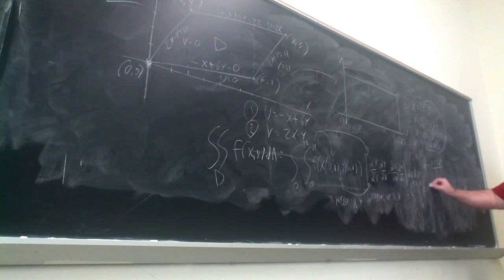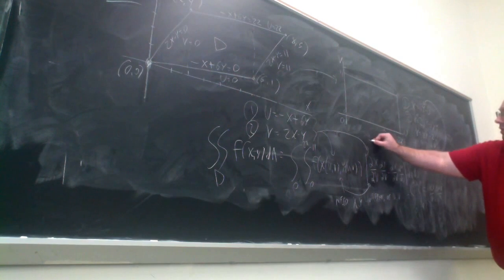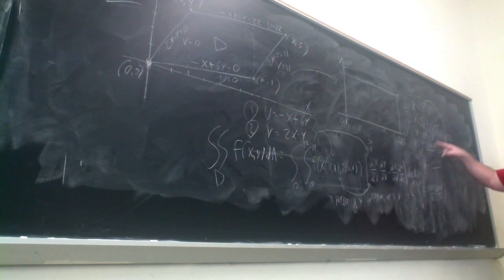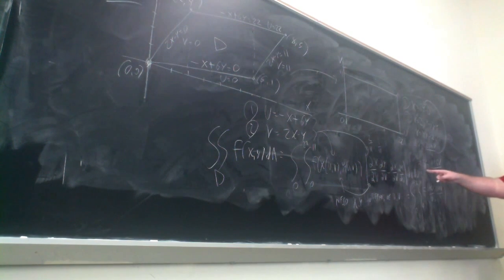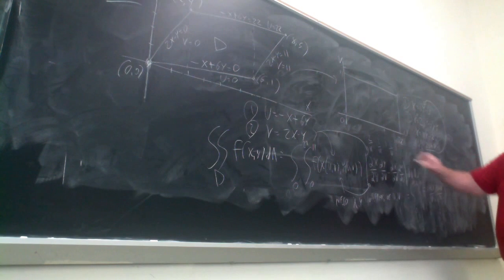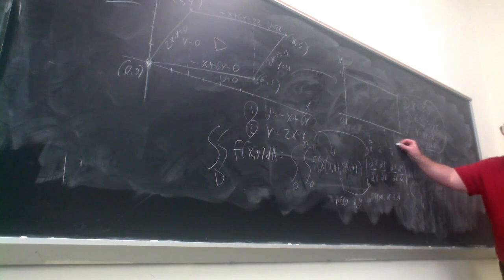So I have f of u plus 6v over 11, 2u plus v over 11. And for my Jacobian, these are all linear functions of u and v, so I can just take the coefficients. So dx du is 2 over 11. dy dv is 1 over 11. And then dx dv is 6 over 11. And then dy du is 2 over 11.